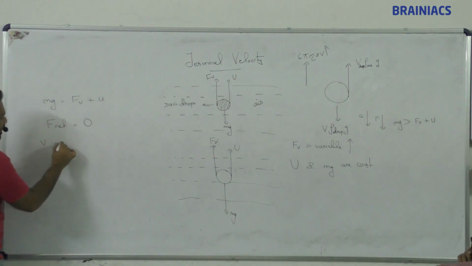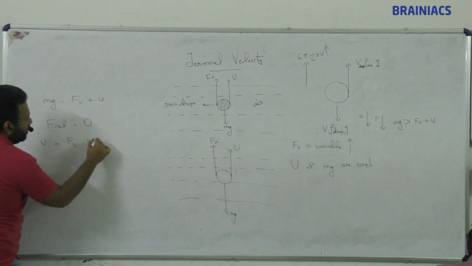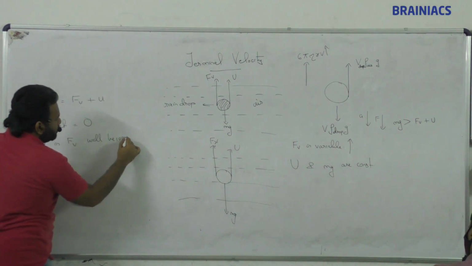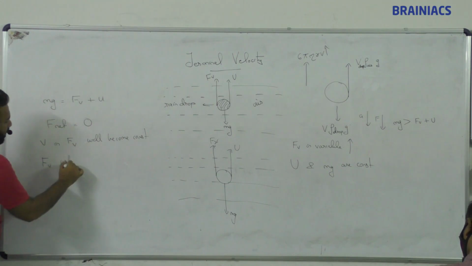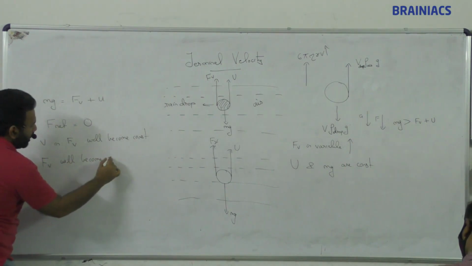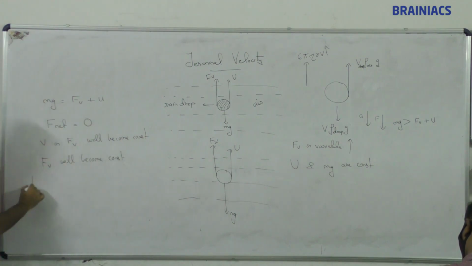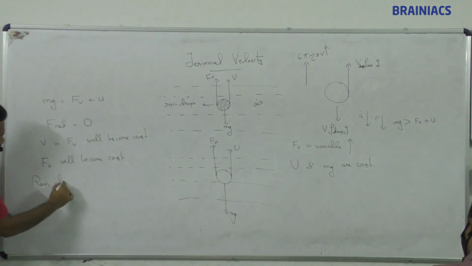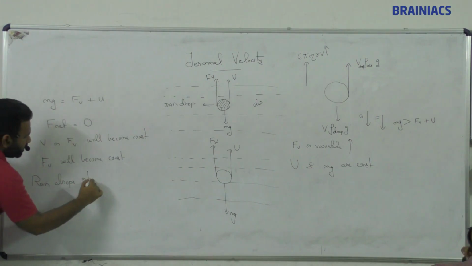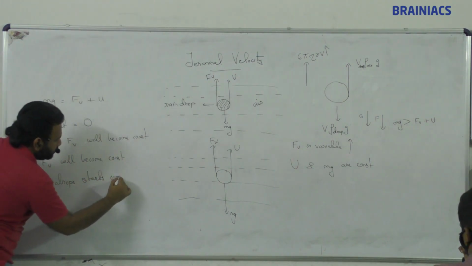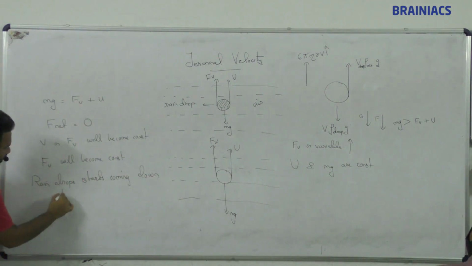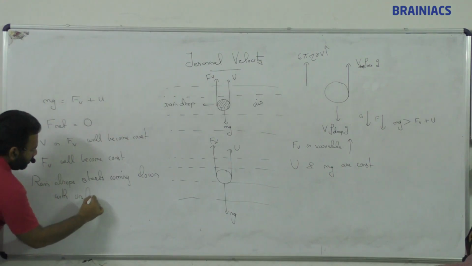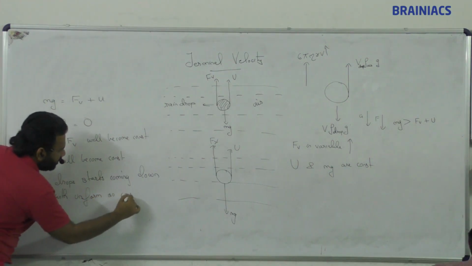So the velocity becomes constant, and finally Fv will be constant. So the raindrop starts coming down with uniform or constant velocity.